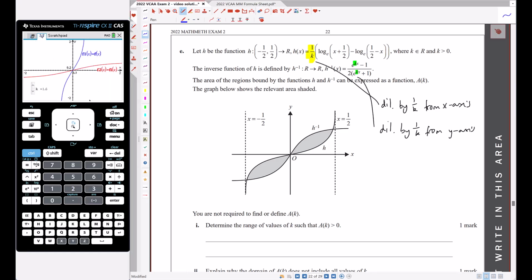So you saw when k is 1, there is no area, whereas here's where we start to get area. Here's where a of k is going to be positive, when k is 8.4. As I make k smaller, there comes a point where, that's k is 4.2.